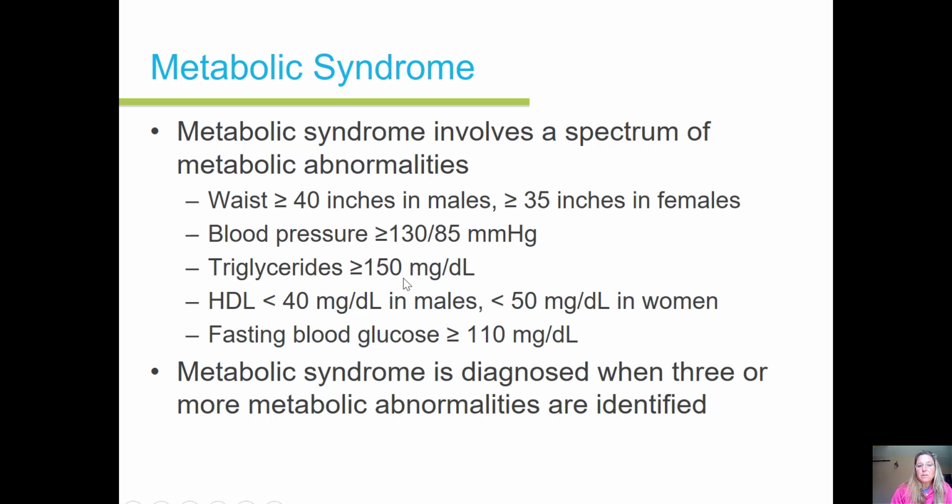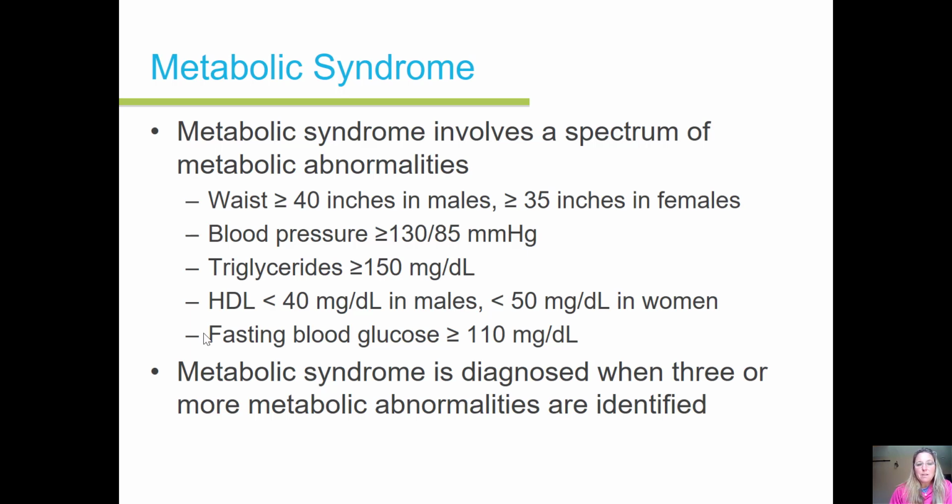Triglycerides at or above 150. HDLs, which are your good cholesterol, if they're less than 40 for men and less than 50 for women, that's not good. And then a fasting plasma glucose greater than 110. If we have any 3 or more of these 5 metabolic abnormalities, we would be diagnosed as having metabolic syndrome.